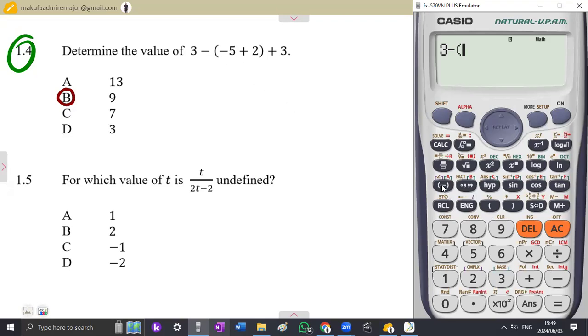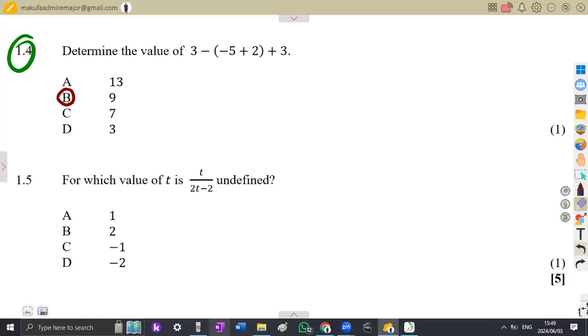If you check on your calculator, there's a minus in a bracket. You press that minus, then a 5, then +2. That means you're adding a 2. Close the bracket, plus a 3. So that is going to give us a 9. As we can see, we could have simplified this directly on our calculator.